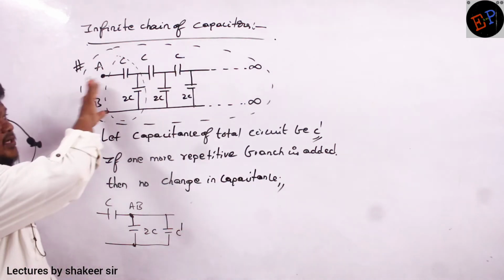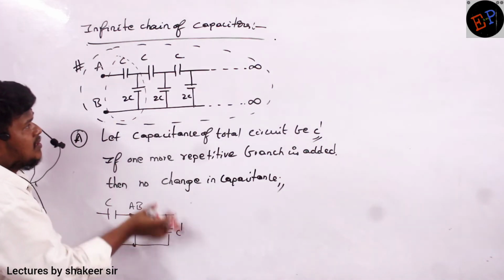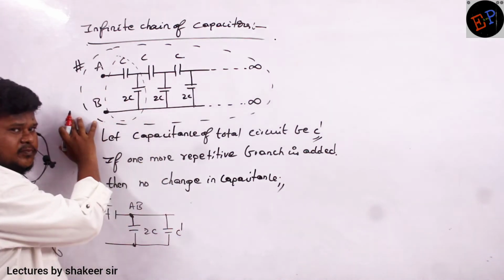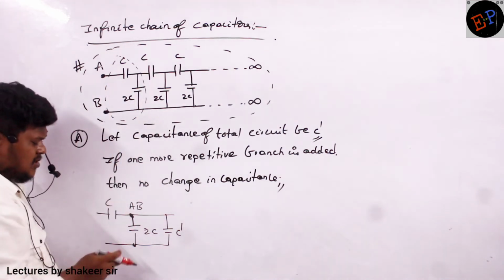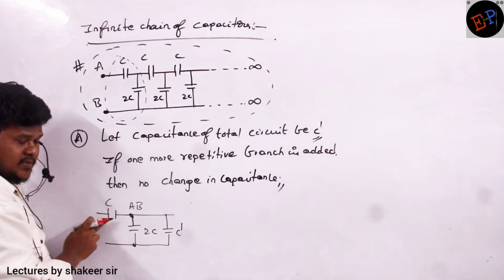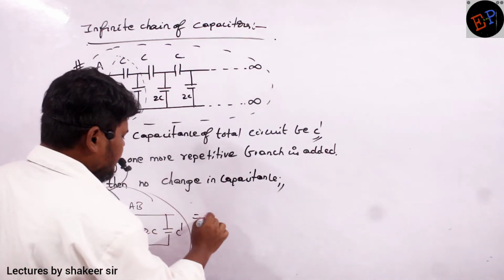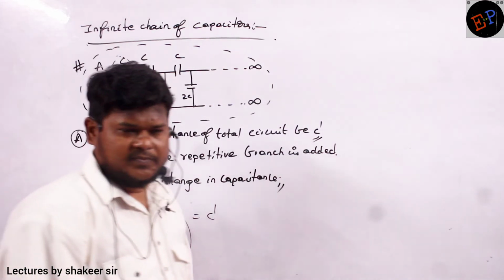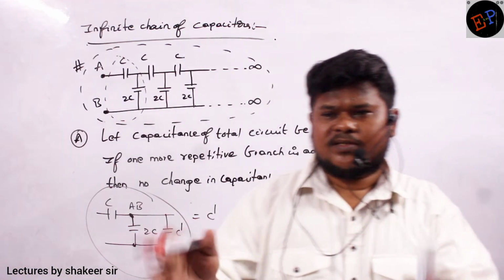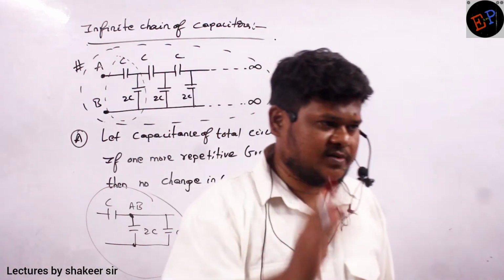Up to here, total capacitance I considered C dash. And if I add one more branch, which is the branch repeating between A and B, C and 2C, so I am adding one more 2C, one more C. Now the equivalent capacitance of this total circuit should also be C dash only. Are you able to understand? I added one more branch, the branch which is repeating continuously.